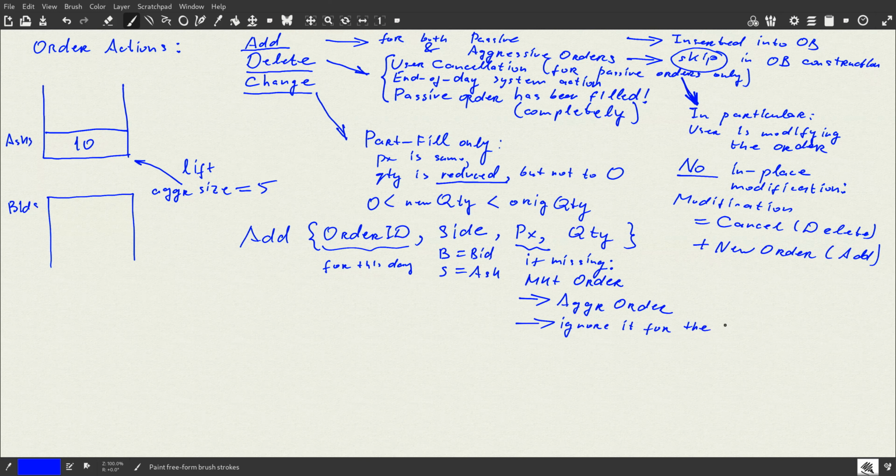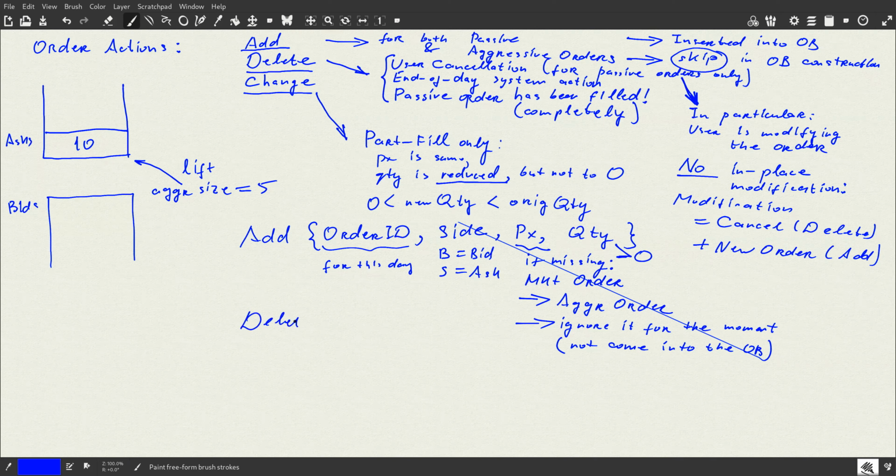I mean, you may be interested in some fields or traits which are generated by this order, but it will not come into the order book. Okay, the quantity obviously must be, if it is add, the quantity must be positive in any case. If the quantity is not positive, then something is wrong.